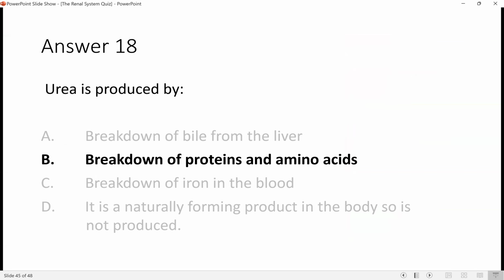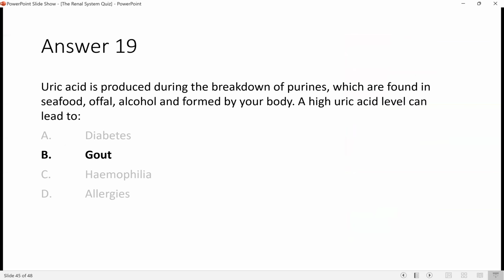Answer 18, urea is produced by the breakdown of proteins and amino acids. Answer 19, too much uric acid in your body can lead to gout.